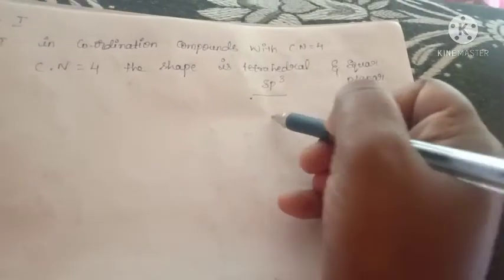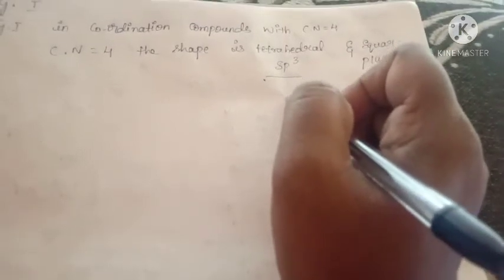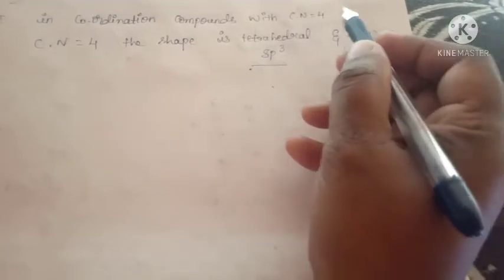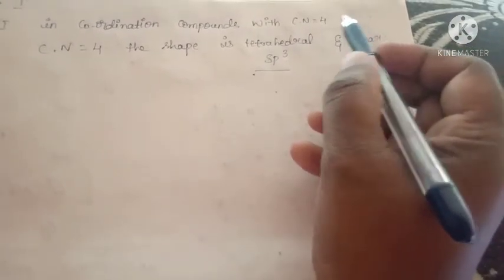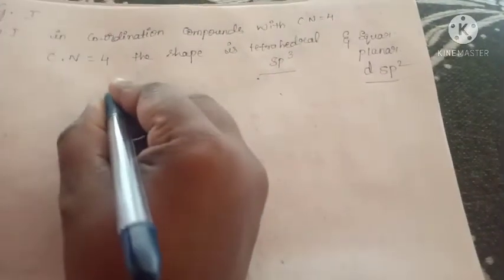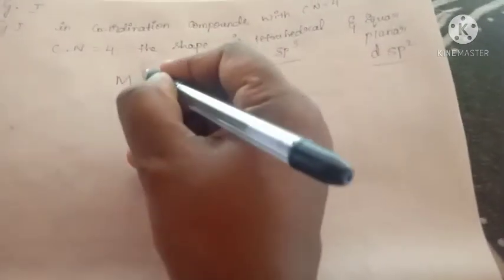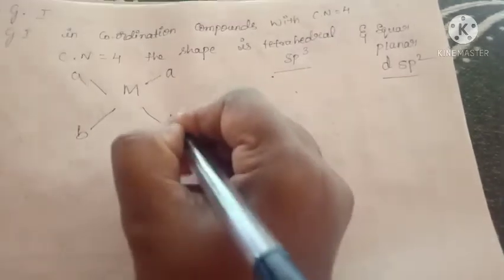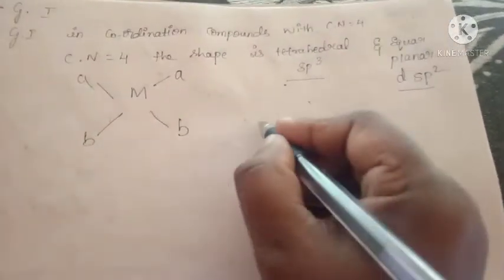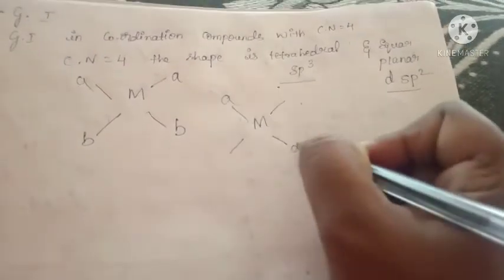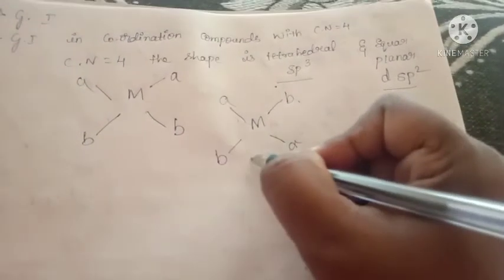But tetrahedral complexes do not exhibit geometrical isomerism because no exchange or orientation is possible. Got the point? Here I am taking a general example: M, A, B, B. But in tetrahedral we can't make an orientation like this.